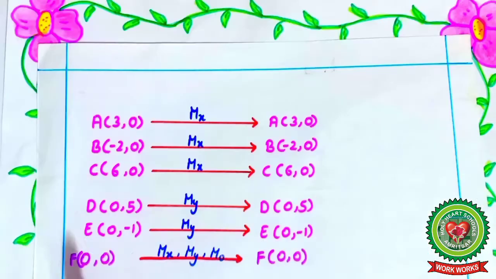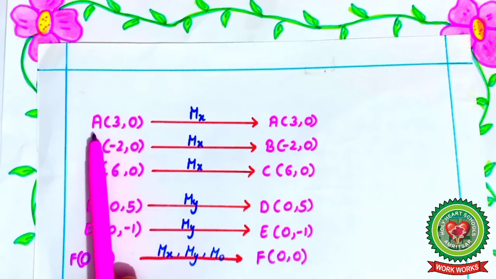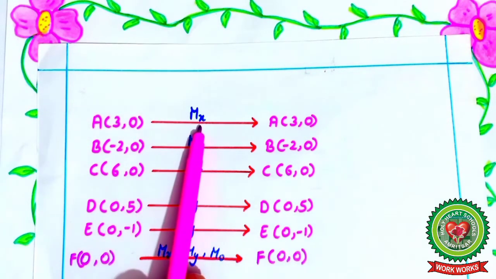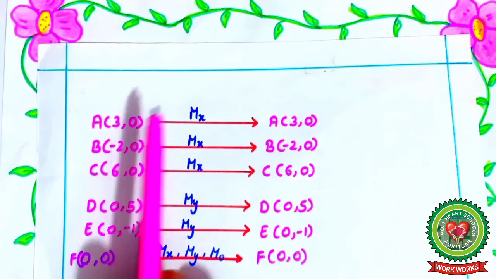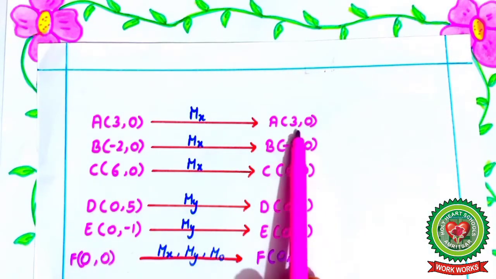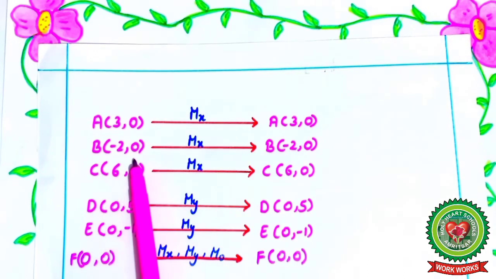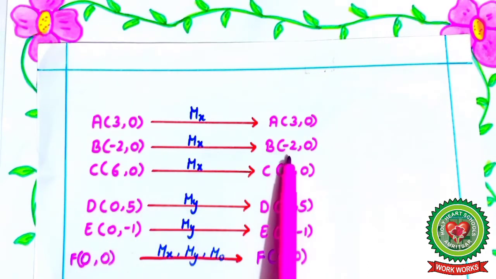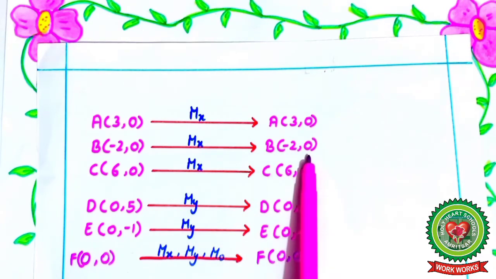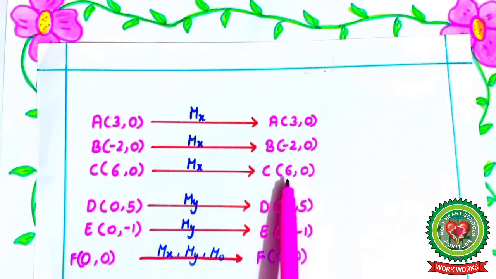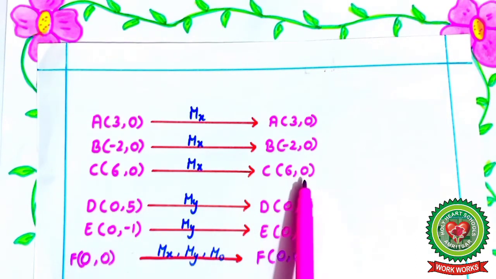Here, the first point is A (3, 0). After reflection in the x-axis, this point stays as it is, (3, 0). Similarly, (-2, 0) stays (-2, 0) after reflection in the x-axis, and (6, 0) is also (6, 0).